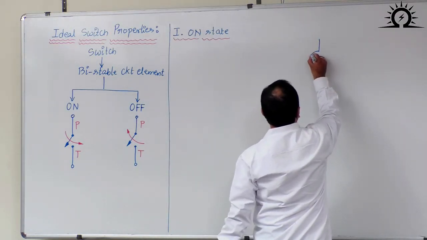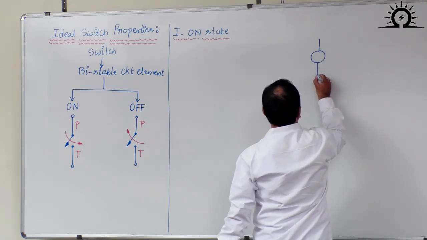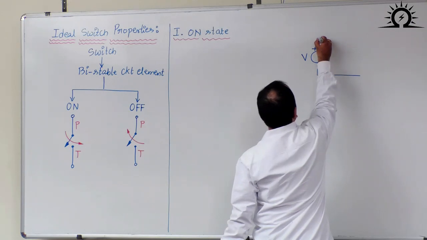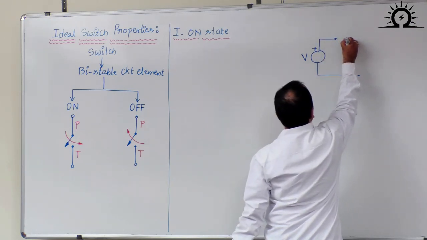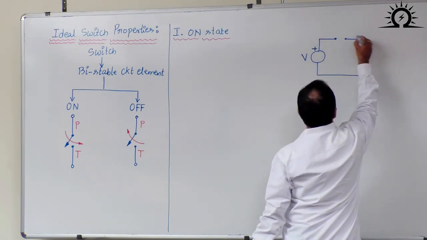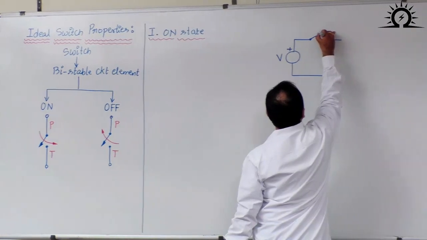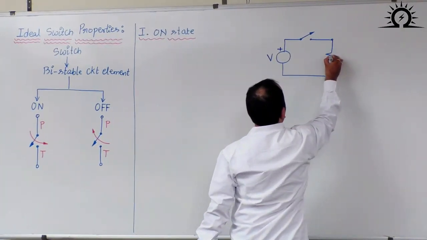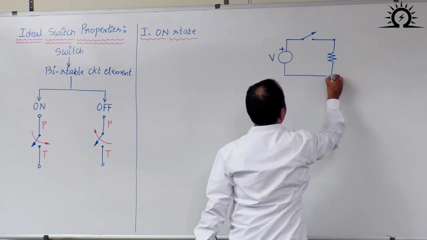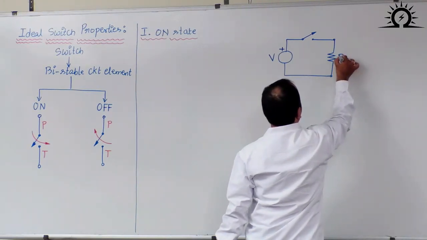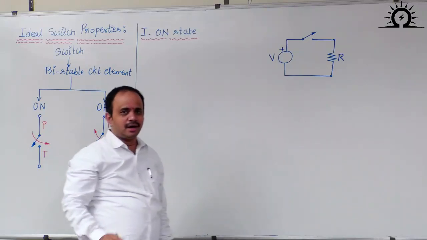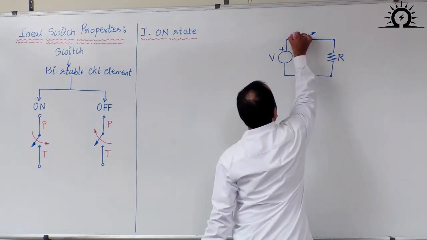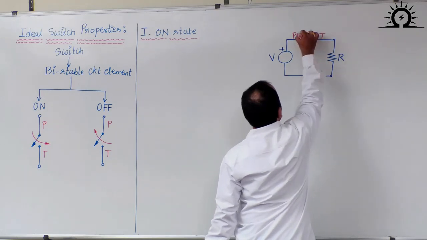Consider there is one source of voltage magnitude V and there is a switch here, and also consider a load of resistance R. Here this is the pole terminal and this is the throw terminal.